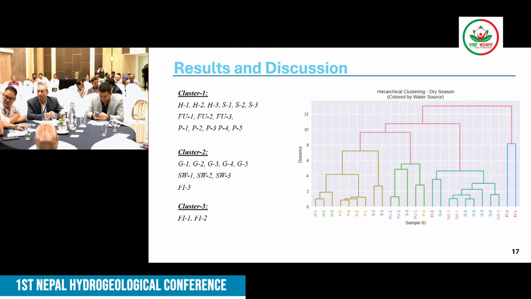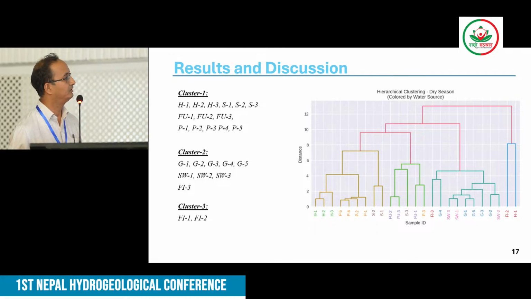Similar to the earlier slide, season, we have all the rivers and lakes. Here also we have the groundwater and the shallow groundwater, and this is the cluster of one of the rivers, Harpan.